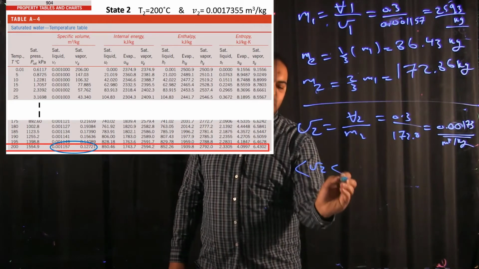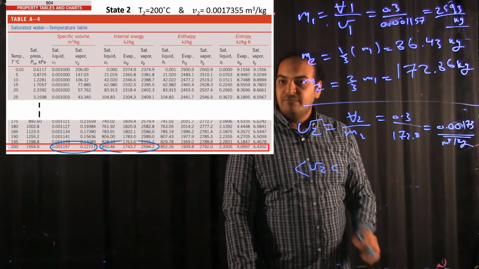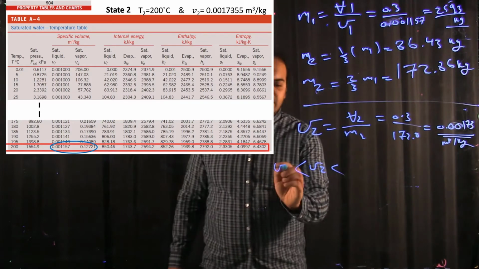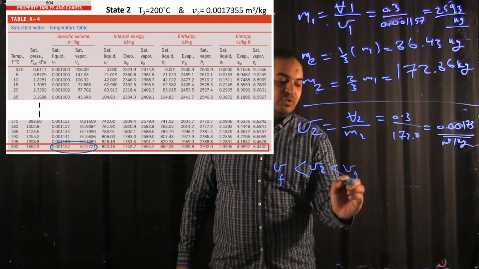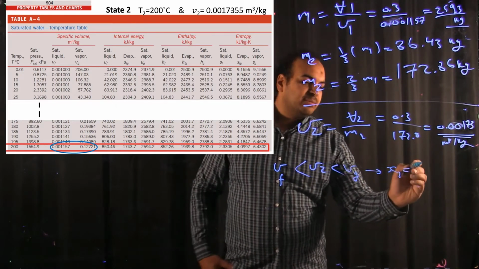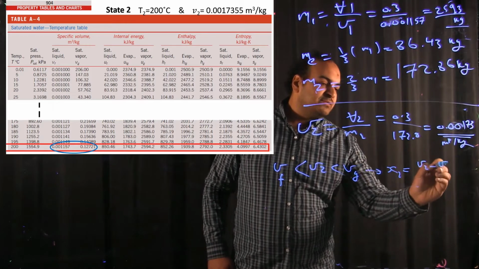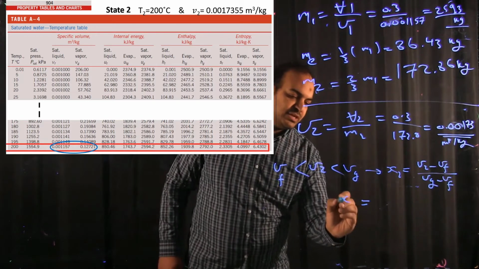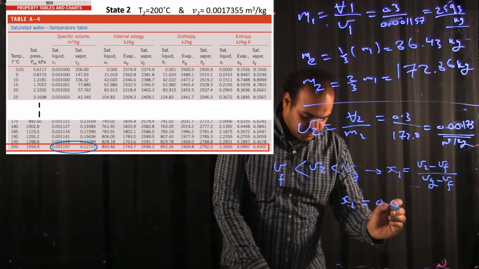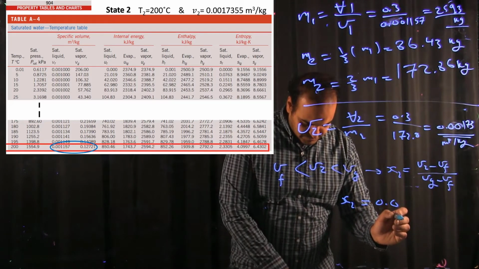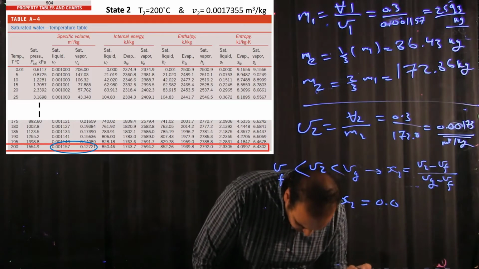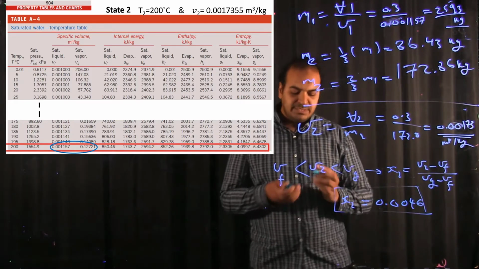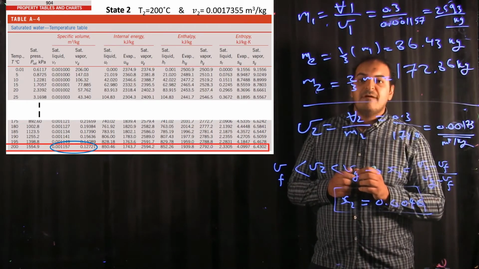V2 is in between VF and VG, greater than VF, lower than VG. You can get X2, which is V2 minus VF over VG minus VF. You can get X, which is 0.0046, almost 0.5% or less mass of vapor.